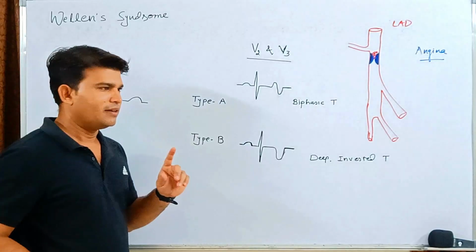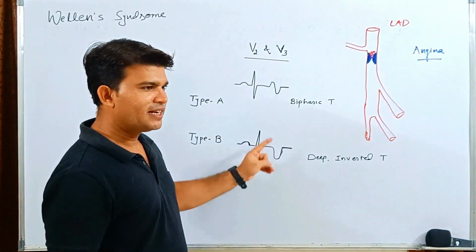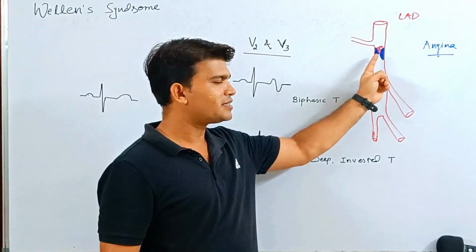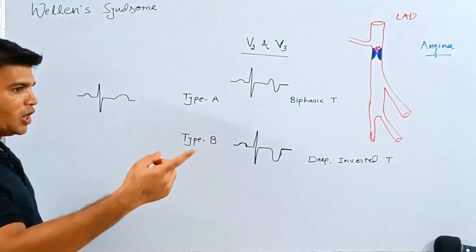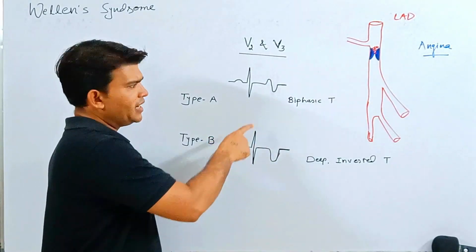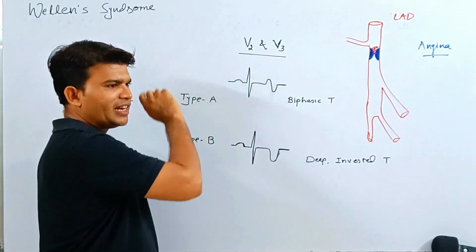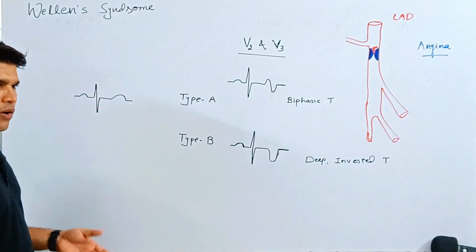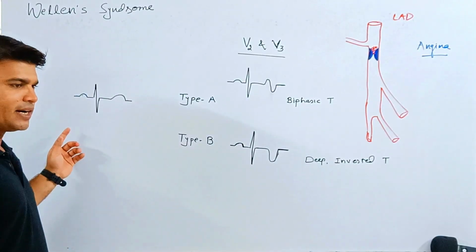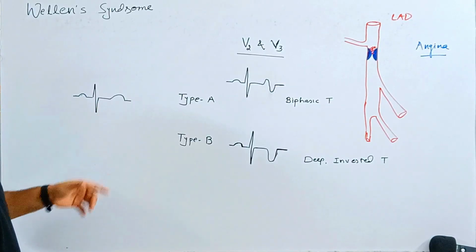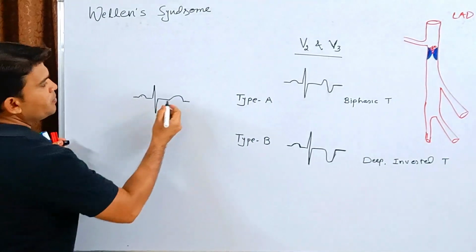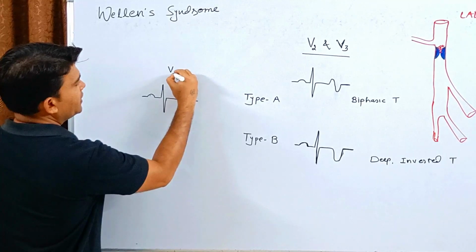See, what this sign indicates is that the patient's LAD is critically occluded. And you have my previous ECG, and I have this type A and type B Wellens pattern. And now I'm having chest pain and an anginal attack, and you do the ECG again, and my ECG is showing a positive T wave in V2 and V3.